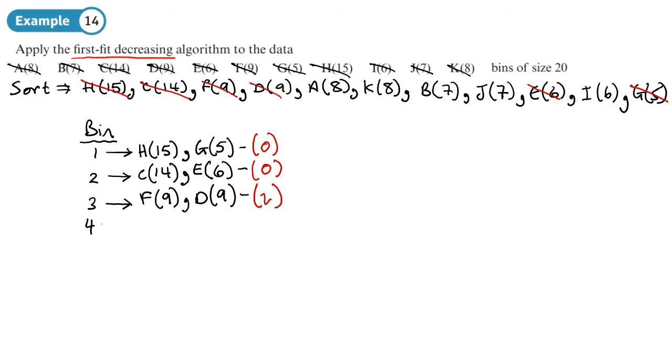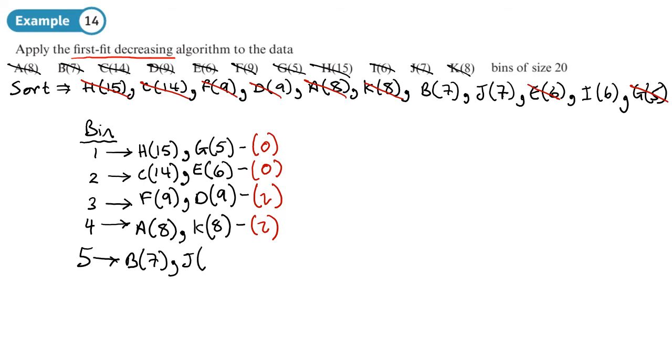Then the next one's going to be A that we have to use. So A and then K. There isn't any item of size 2, so A and K will get used. Then we're now onto a 5th bin. So we have B, which is 7, J, which is 7.